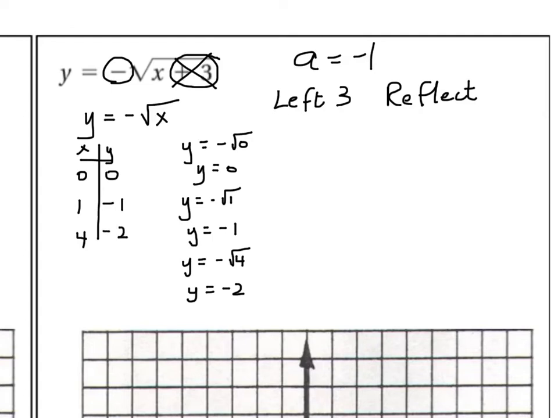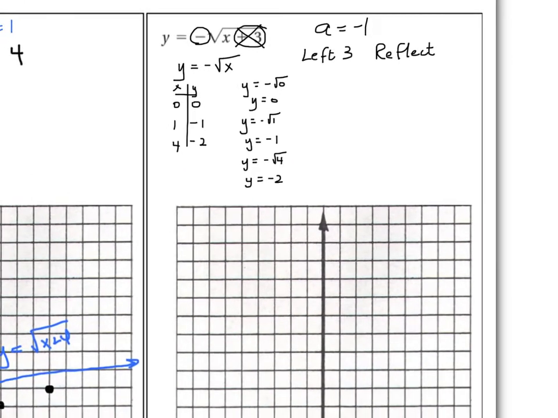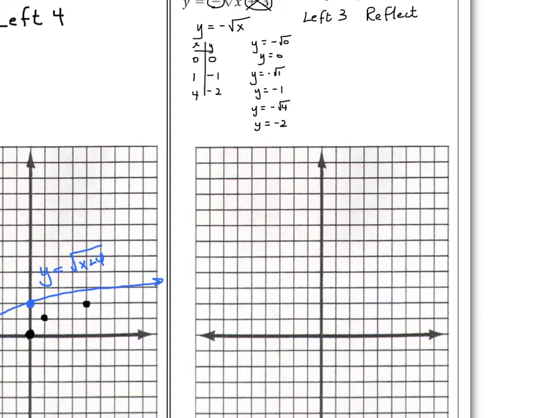Okay, and now I'm going to plot those points on my graph. So I've got the ordered pairs 0, 0. Again, I'm going to put these guys in black. 0, 0, right 1 and down 1, and right 4 and down 2. Like so.